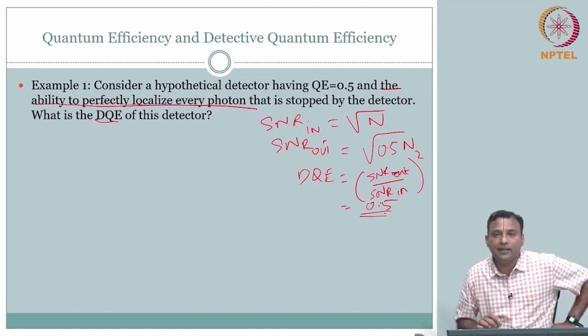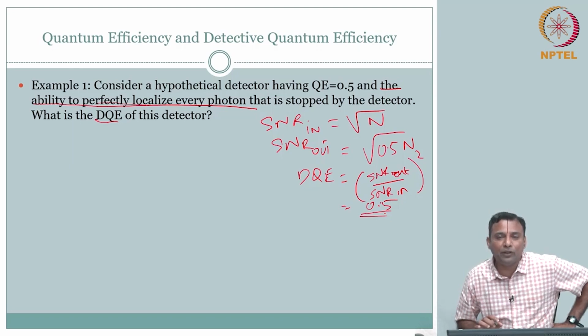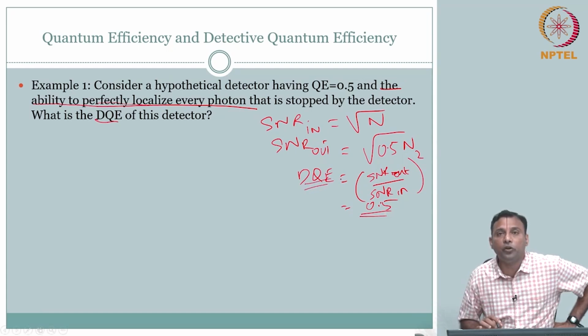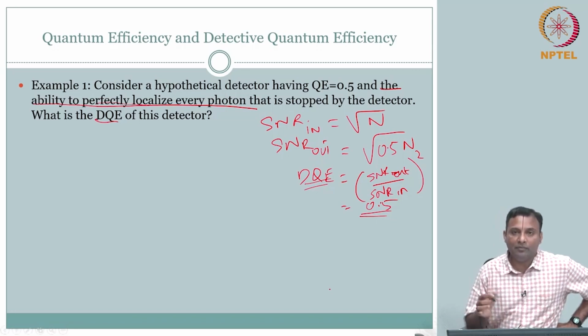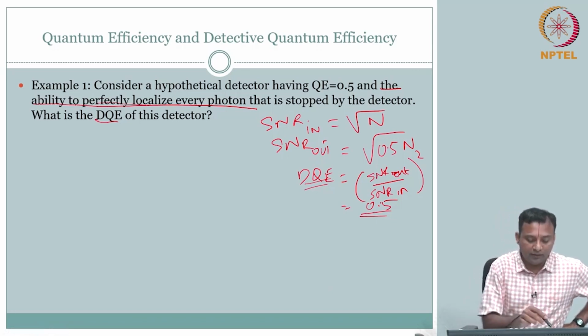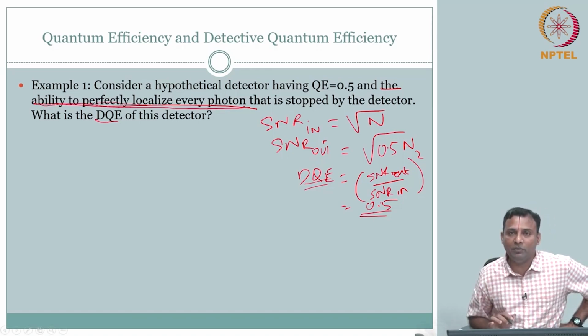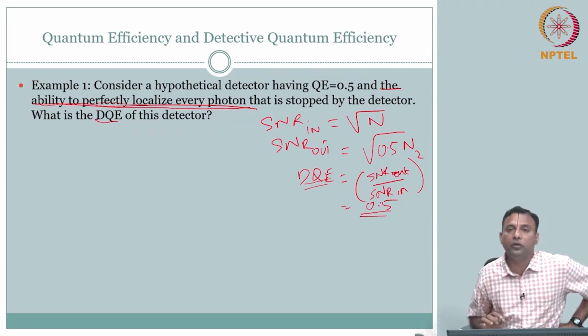So what does this say? In this hypothetical scenario, your DQE is equal to your QE, meaning there is no further degradation. This is the key: when we rule out the other possibilities, other variations and noise, then your DQE equals QE.